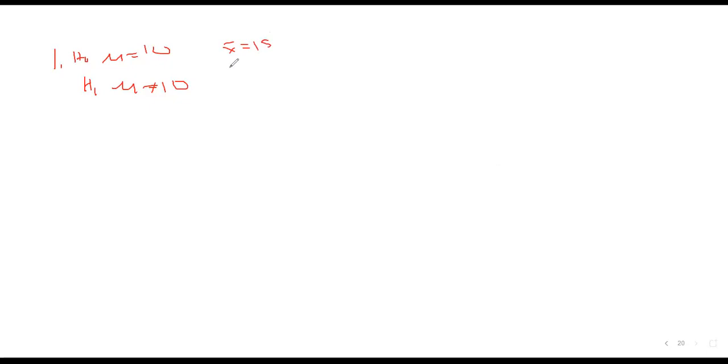The standard deviation is 12, your sample size is 36, and your alpha is 0.05. So step 1, state the hypothesis, which we have here. Step 2, state the level of significance, which is 5%. Step 3, state the decision rule.